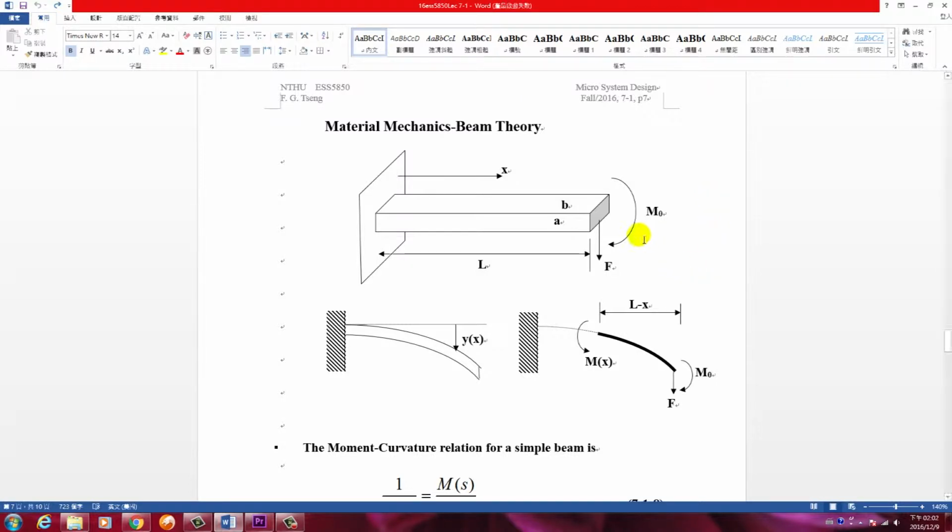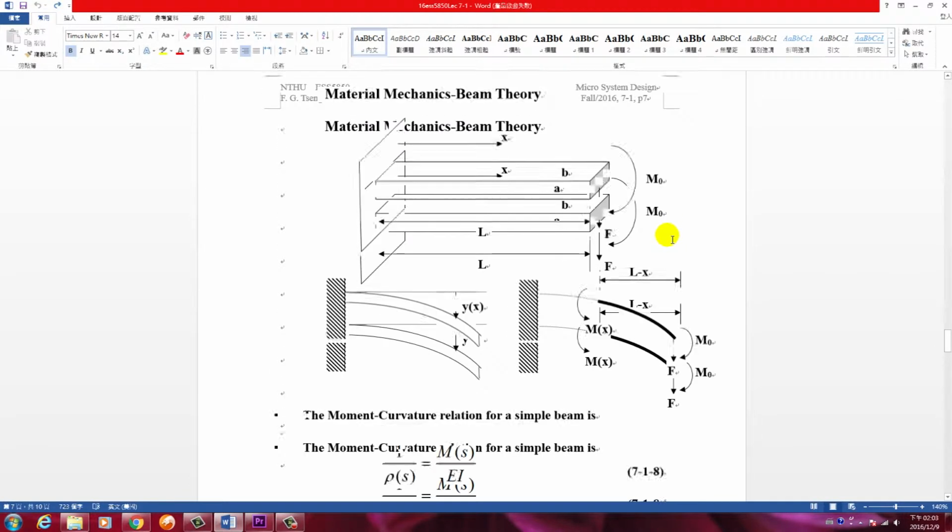There will be one bending moment. The bending moment is from what was originally considered as the proof mass over here, now separated from the beam. We are showing the beam only here, with no proof mass. So the M0 is coming from the proof mass originally. Remember, the center of the proof mass has some distance from the center to the tip of the beam.